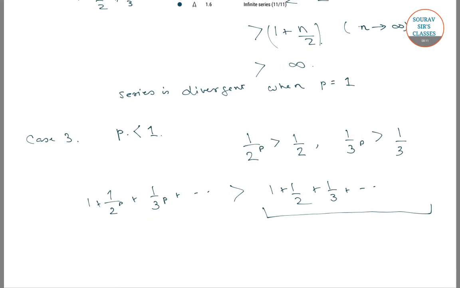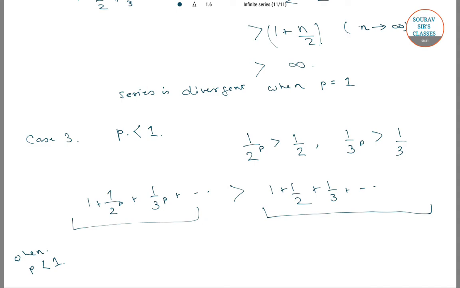Hence, our series 1 plus 1 by 2 raised to the power p plus 1 by 3 raised to the power p, when p is less than 1, is also a divergent series.